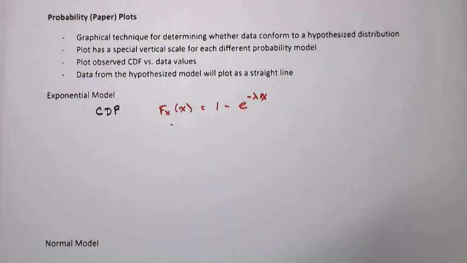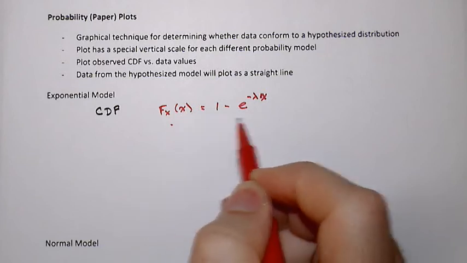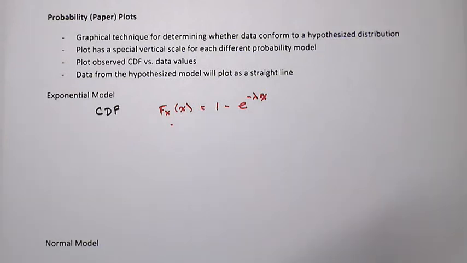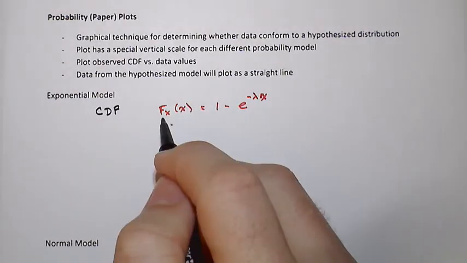The probability that x takes on any one value or less is given to us by this nice simple function here. Of course, the simplicity of that function is exactly one of the reasons that we end up using it so much. Note that we could simplify things here and turn this around a little bit.